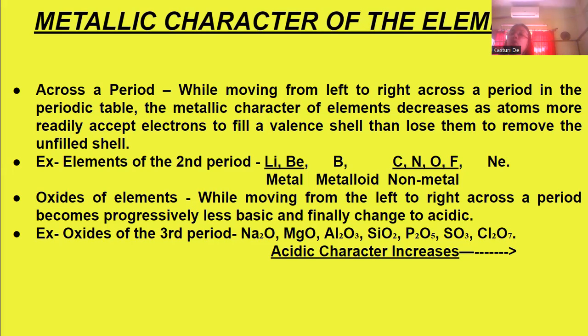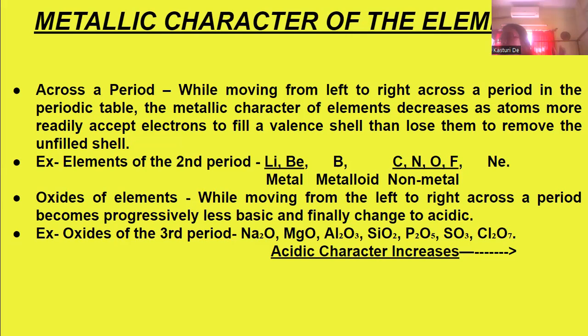So when we are moving from left to right across the row, the metallic character decreases. Okay, why? Because the atoms tend to accept electrons to form the octet, to fill the valence shell, rather than lose them to remove the unfilled shell.